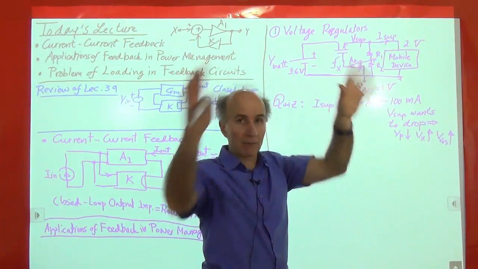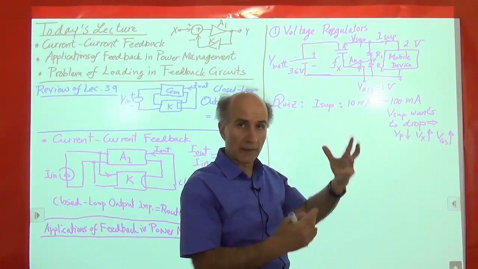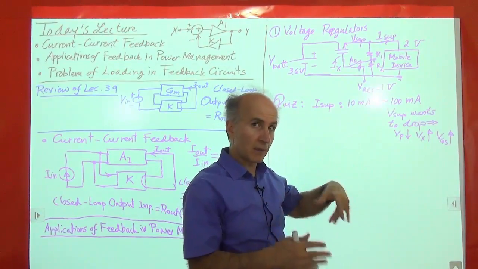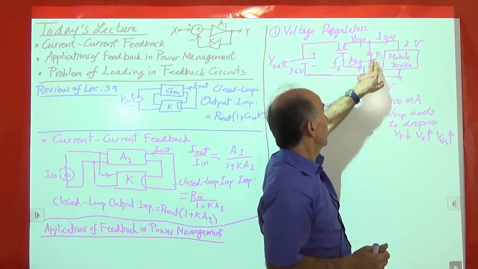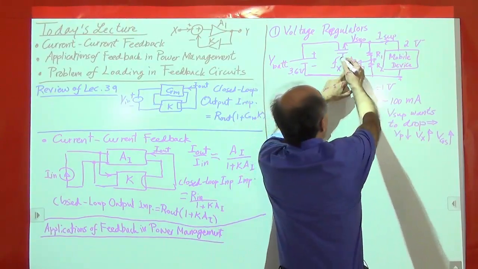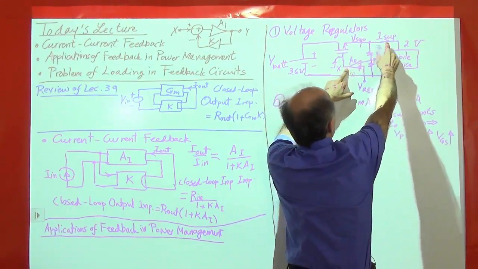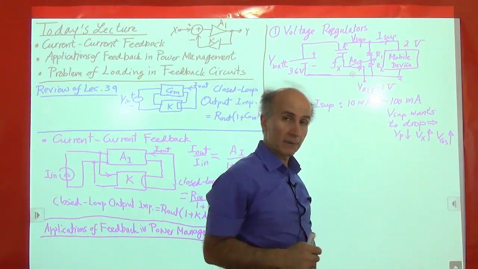Okay? So after the loop settles again, after the loop goes through all the iteration that it needs, it converges such that this is still 2 volts, this is still 1 volt. This voltage has changed, right? This is no longer the old voltage because the MOSFET now needs to deliver 100 milliamps, not 10 milliamps.